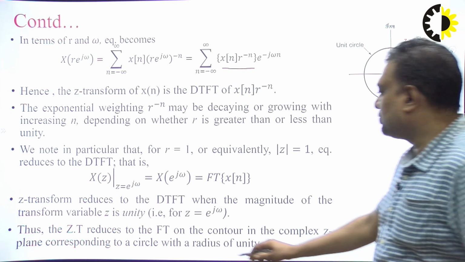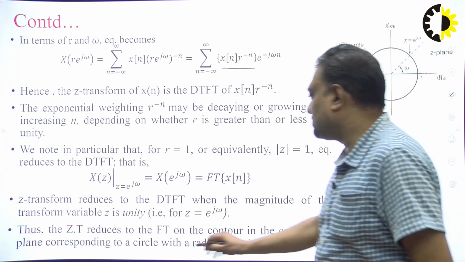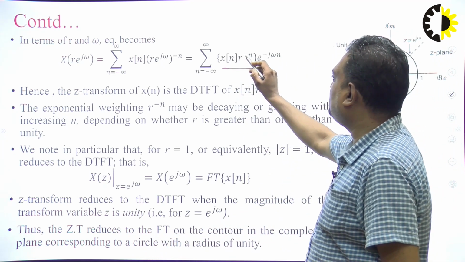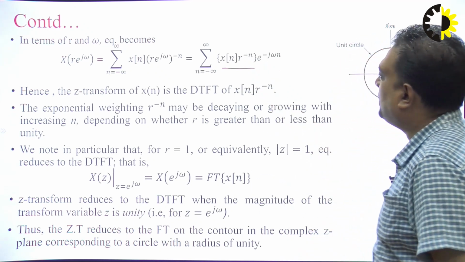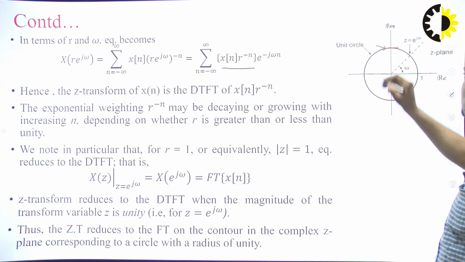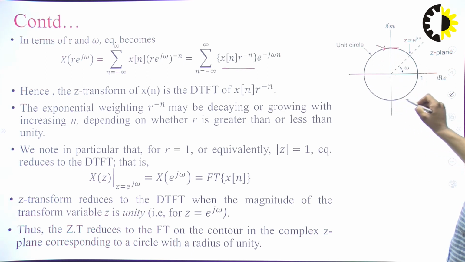So the Z transform reduces to the Fourier transform on the contour in the complex z plane corresponding to a circle with a radius of unity. If r is 1, this is the unit circle. So if we calculate the Z transform over this unit circle, that is nothing but the DTFT.